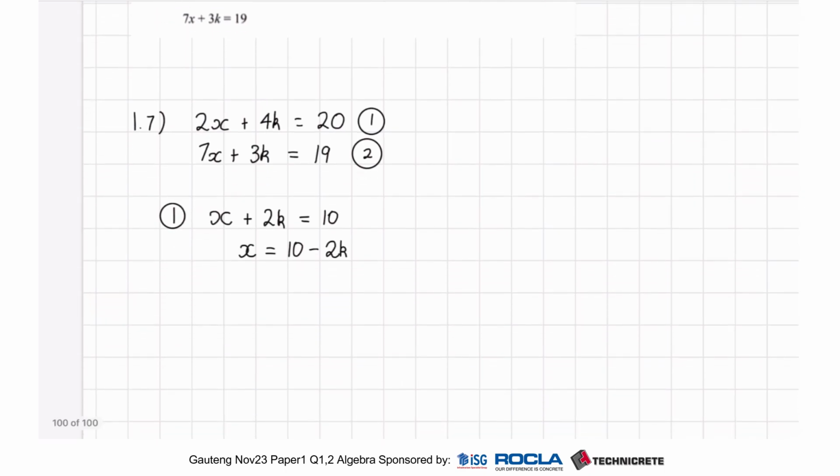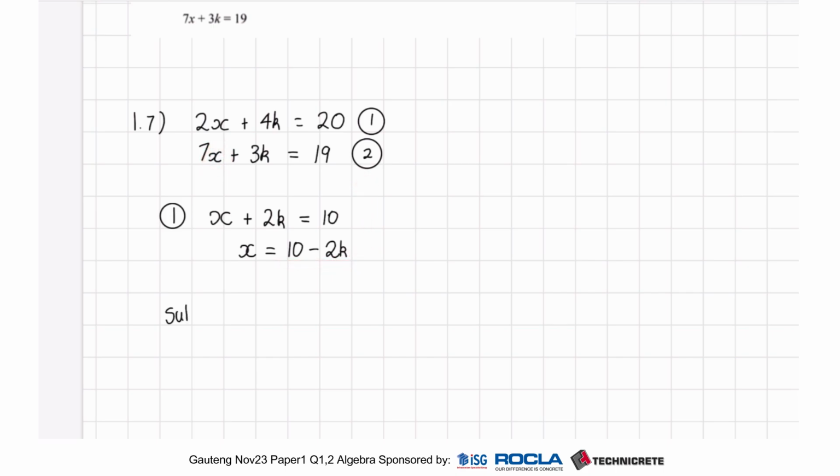So now I've got an expression for x in terms of k, and I'm going to substitute that into equation 2. Then in equation 2, I'm going to end up with only k's, and then I'm going to be able to solve and get a value for k. So if I'm substituting this into equation 2, that means that everywhere that I see an x in equation 2, I'm not going to write x, but I'm going to write 10 minus 2k.